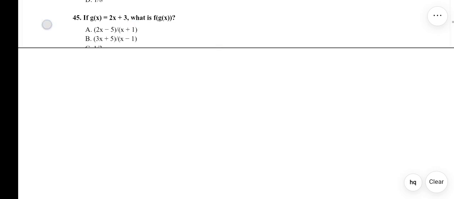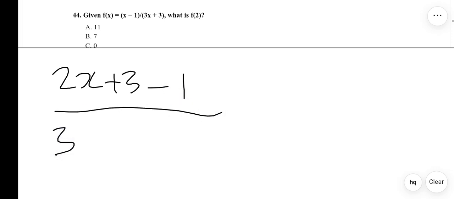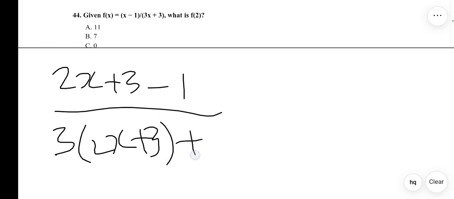So anywhere I see my x, I will replace it with the value of g of x, which is 2x plus 3. So in this question, x minus 1 will now, since my x is 2x plus 3, I'm going to write 2x plus 3 with this minus 1 all over 3 times 2x plus 3 plus this 3.